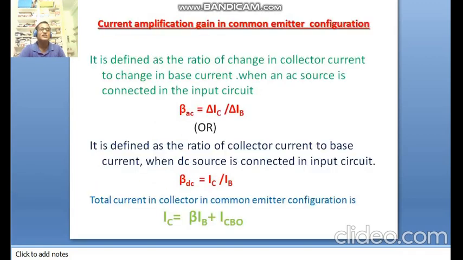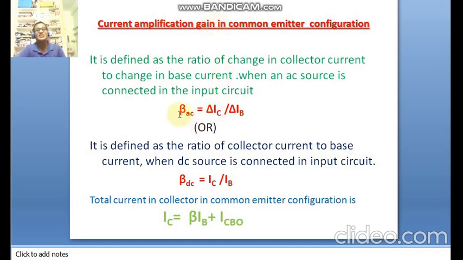Similarly, come to the common emitter configuration. As already discussed, common emitter is where the emitter is common in the input circuit as well as the output circuit. Here we are discussing the amplifier, so the NPN transistor is acting as an amplifier. The current amplification gain or factor is represented by beta in this case.